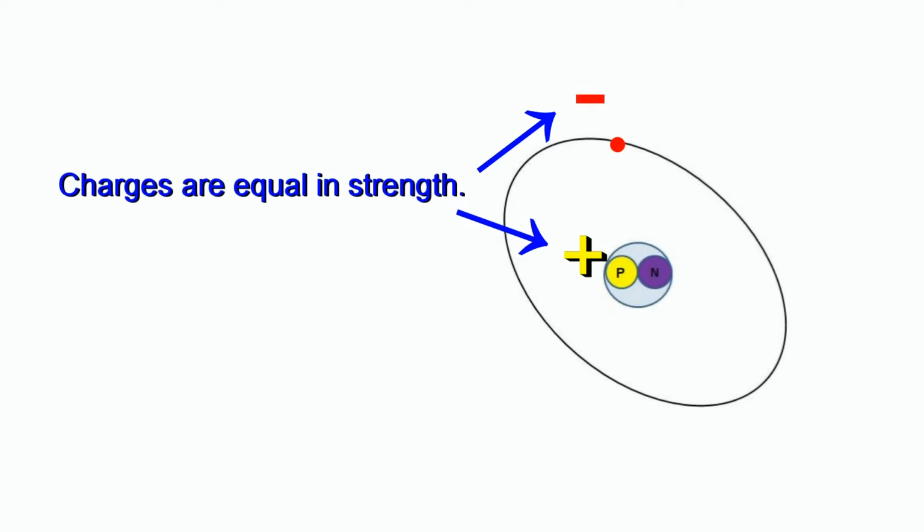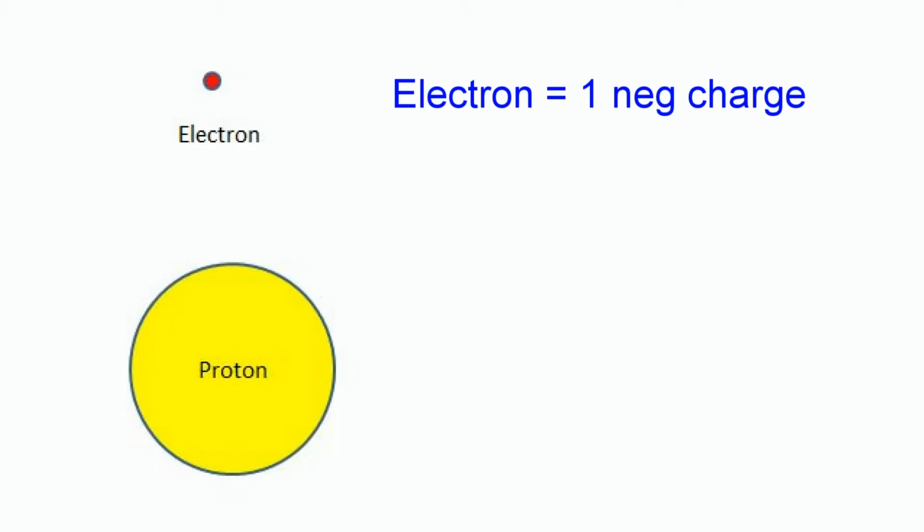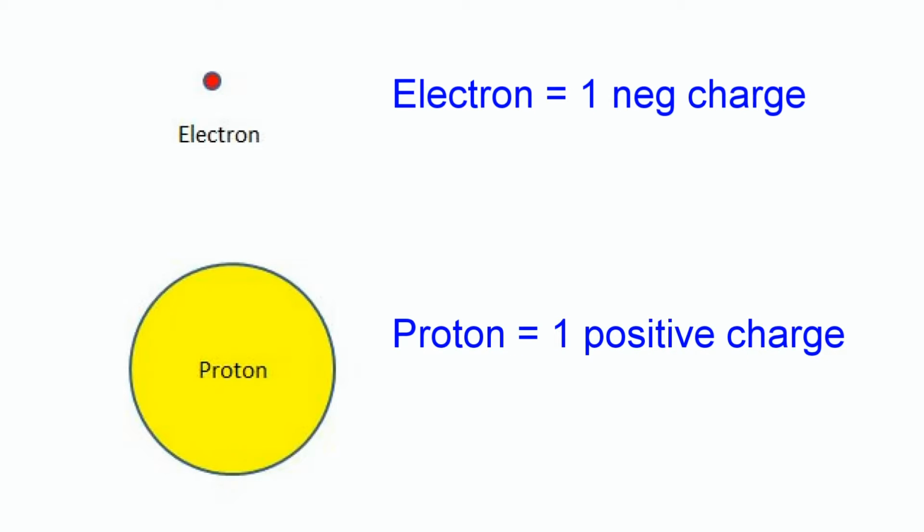Because these charges are equal, we can talk about them in a more simplified way. We can refer to the charge of the electron as one negative charge, and we can refer to the charge of the proton as one positive charge. When we say that the electron has one negative charge, it is understood in chemistry that the strength of the charge is equal to 1.60 times 10 to the minus 19th coulombs.